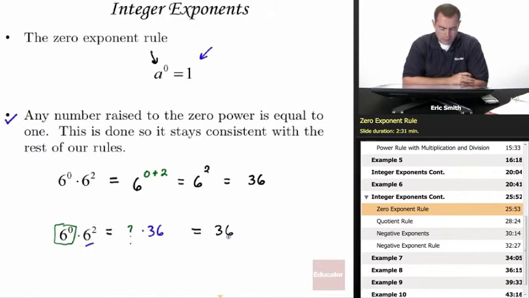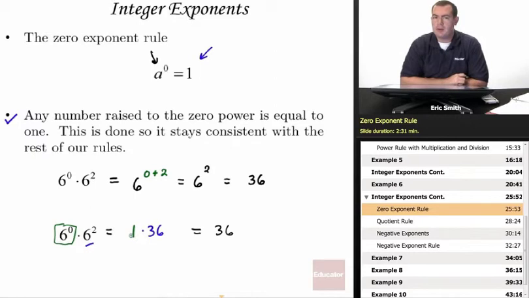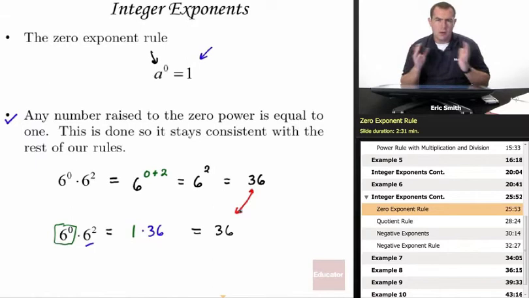Well, you shouldn't have to think on that too long. There really is only one thing that I can call 6 to the 0. I must call it a 1 so that when it's multiplied by that 36, it still is a 36 as the final result. So it really is the only way that we can define something to the 0 power so that it mixes well with all the rest of our properties.